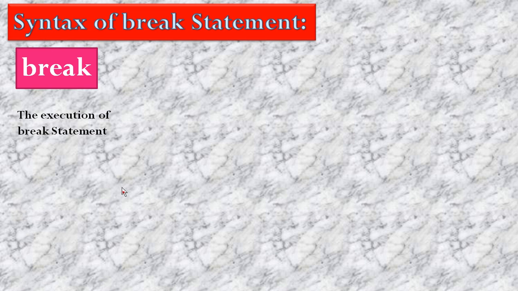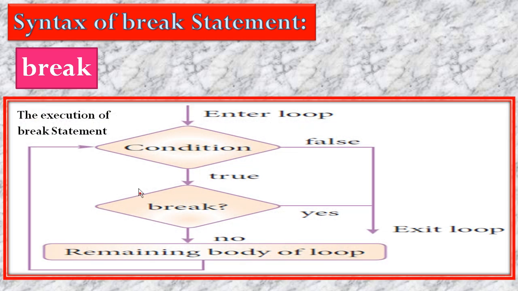The execution of the break statement is illustrated by using a flow chart. The control transfers to the loop structure. Now the condition is checked. If the condition is false, exit the loop.